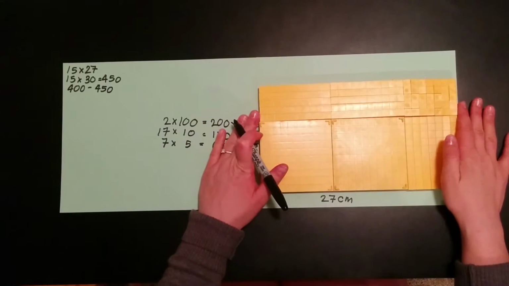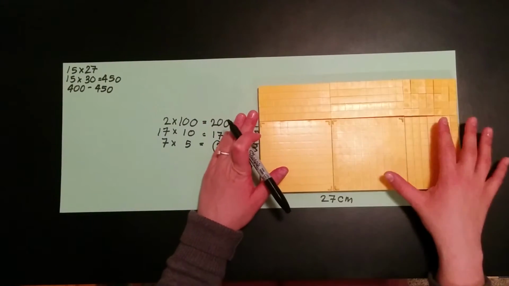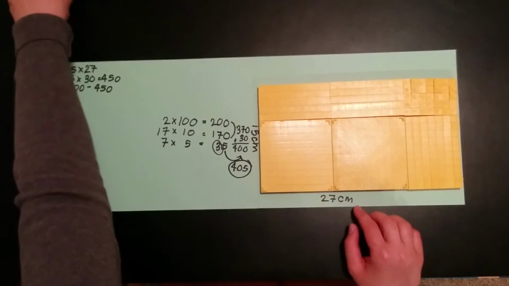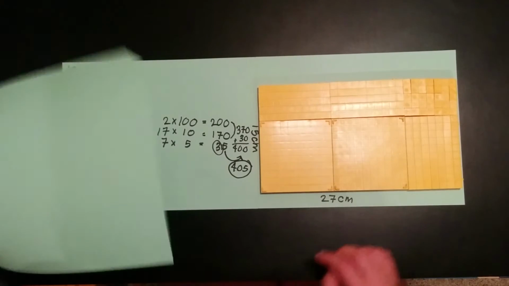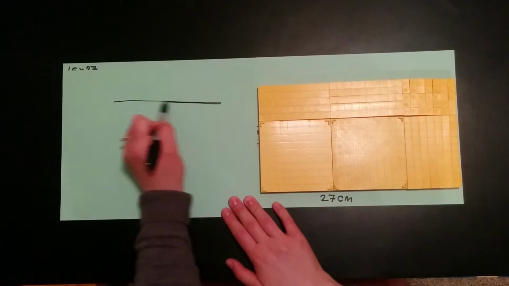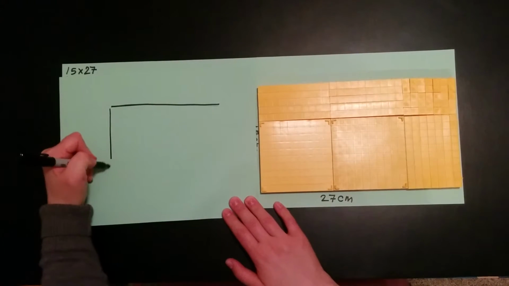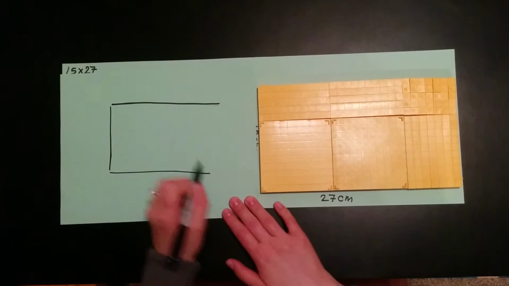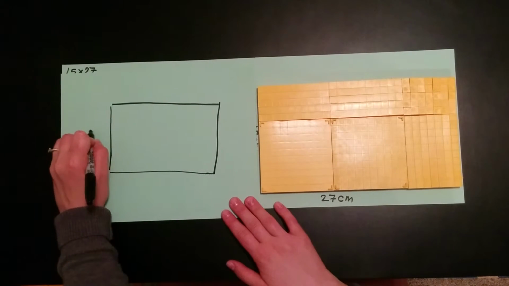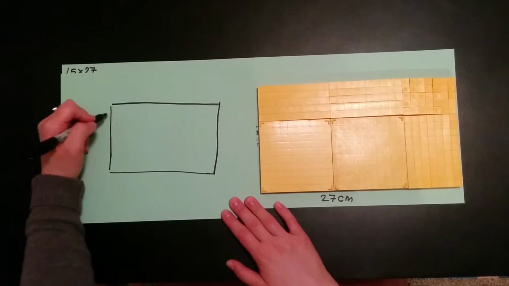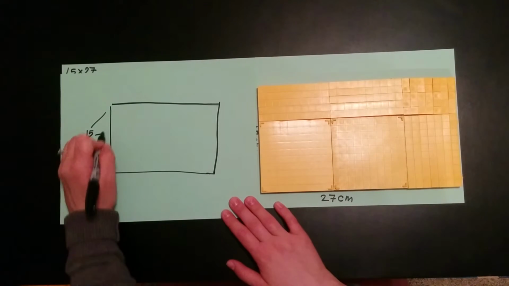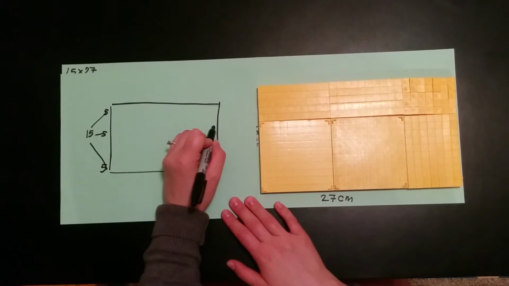Now, this is one way to think about how we can divide up our rectangle of 27 centimeters by 15 centimeters. But I'm going to show you another way. So 27 and 15 can be broken up into 9 equal groups. So if this is 15, you can break it into 3 equal groups of 5, like this.